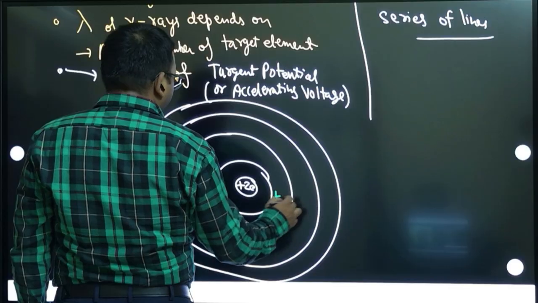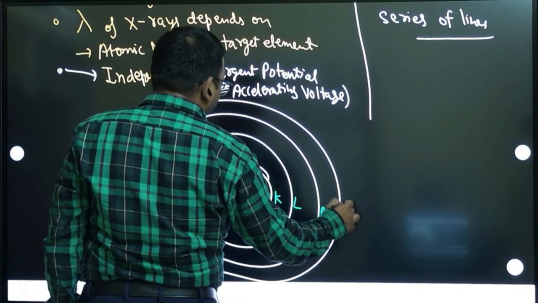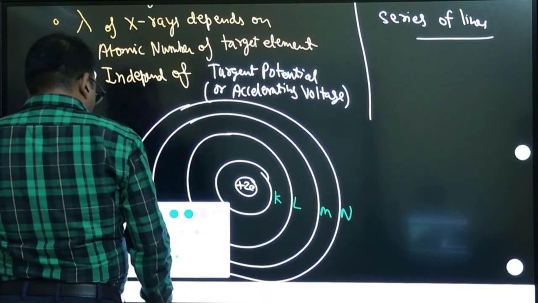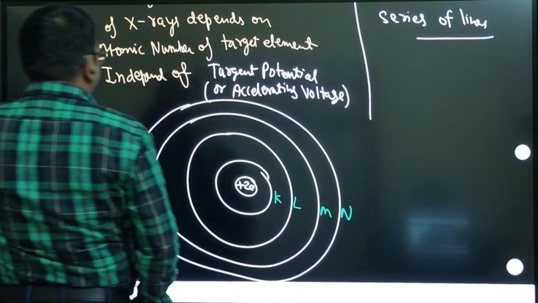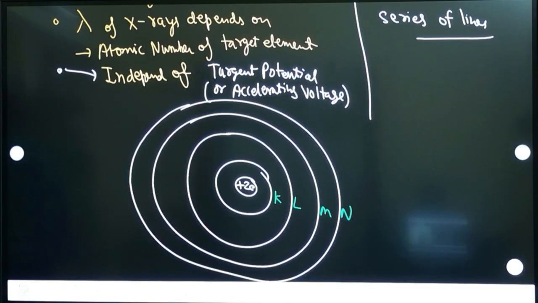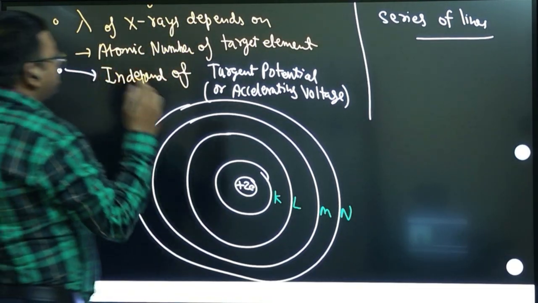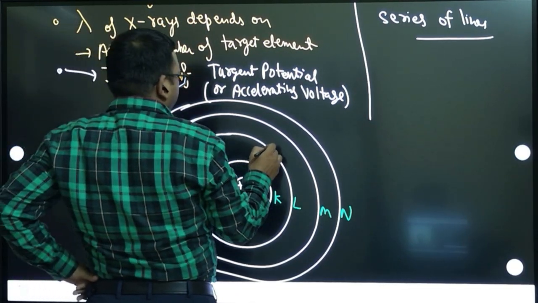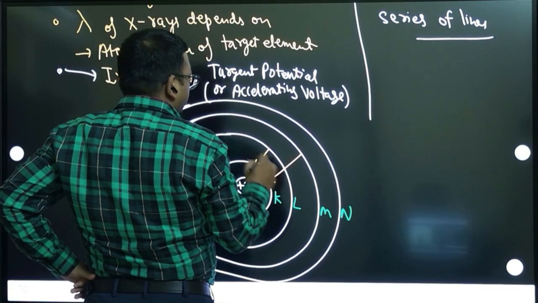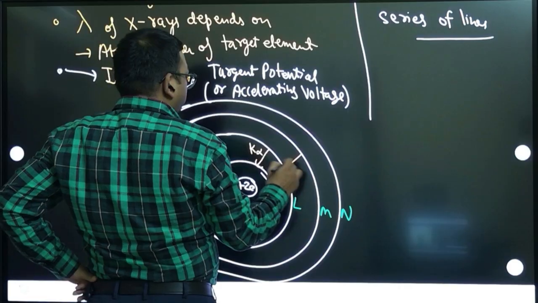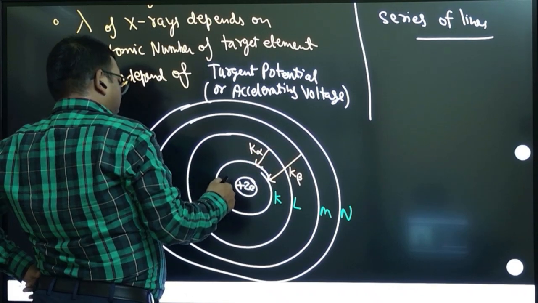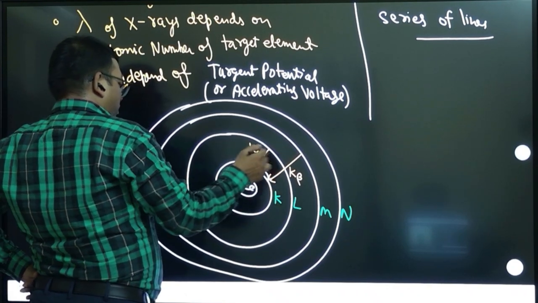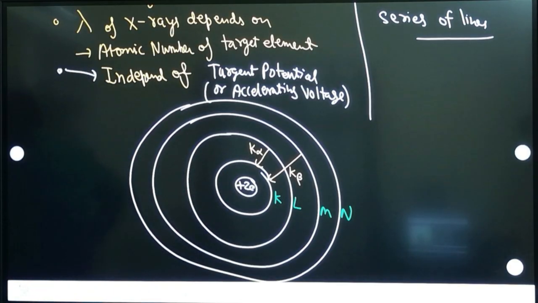First one is K, then this is L, this is M, this is N, and so on. If the transition is happening to the K shell, that is called K series. If electrons go from L to K, this is called K alpha. M to K is called K beta. Beta means second to this K, M to K. K alpha means L to K.